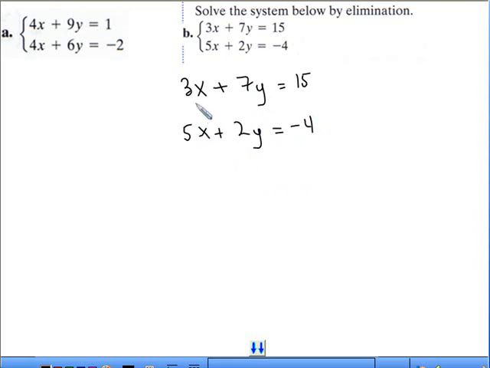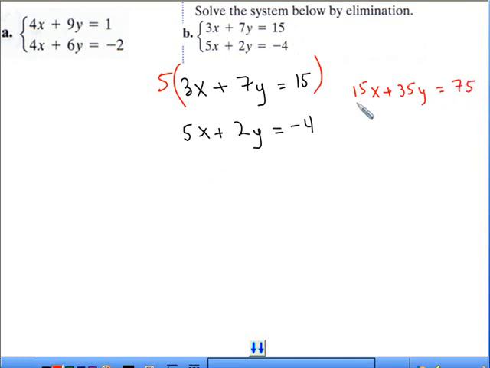So if I choose to have x eliminate, I have to know that 3 and 5 have 15 in common. So since they have 15 in common, I'm going to multiply the top by 5, so this whole equation by 5. That will give me 15x plus 35y is equal to 75.